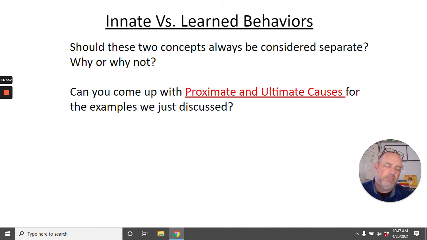And generally, in most cases, you will find that both of them play a role, right? The genetics definitely play a role as far as development and innate behaviors and things like that, but we need to learn as well, and we have learned behaviors, and the environment that we're in plays a role for sure.